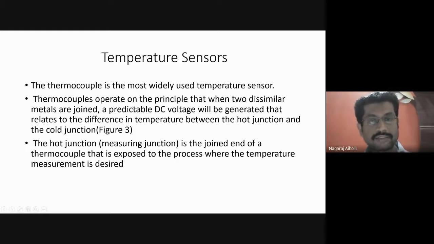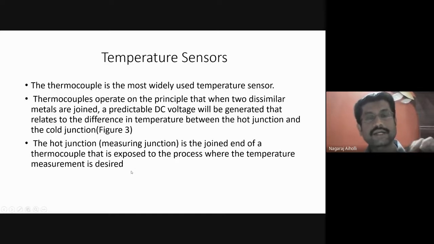Thermocouples operate on the principle that when two dissimilar metals are joined, a predictable DC voltage will be generated that relates to the difference in temperature between the hot junction and the cold junction. This voltage results in the current. The hot junction or measuring junction is the joined end of a thermocouple that is exposed to the process where the temperature measurement is desired.